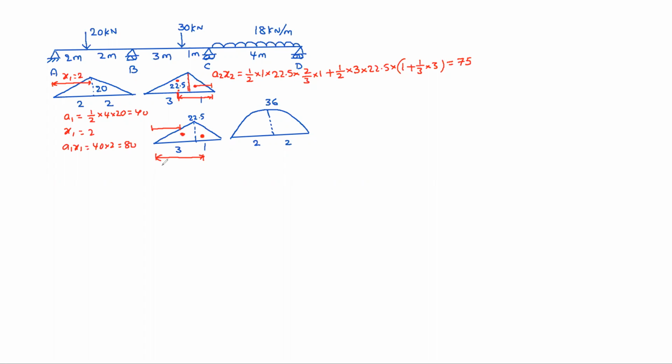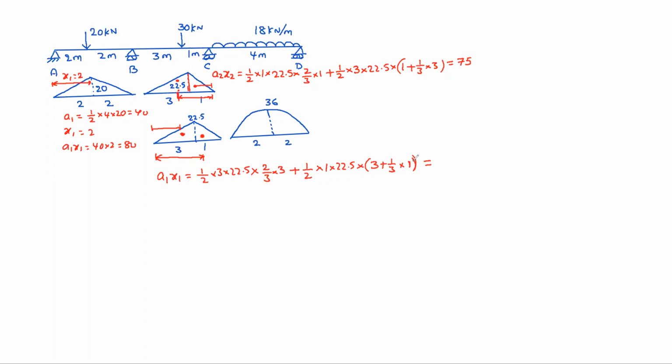Now A1 x1 is half into 3 into 22.5, the area of the first triangle, into centroid 2/3 of 3, plus second triangle half into 1 into 22.5 multiplied by centroid 3 plus 1/3 of 1, which is A1 x1.